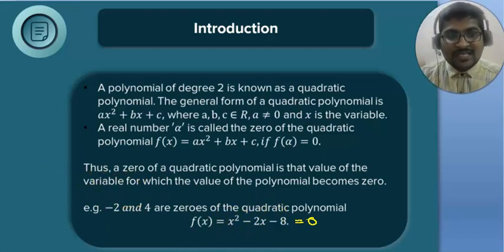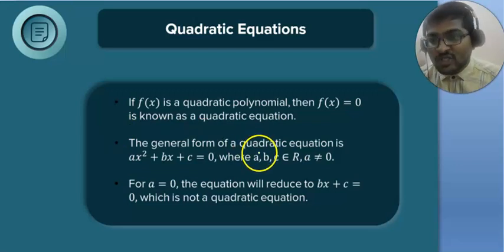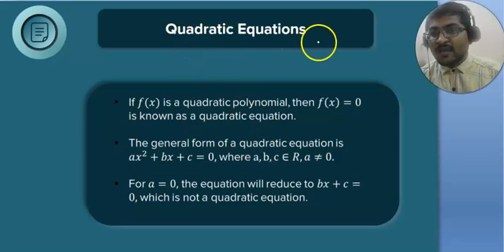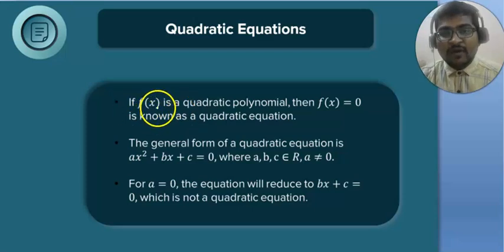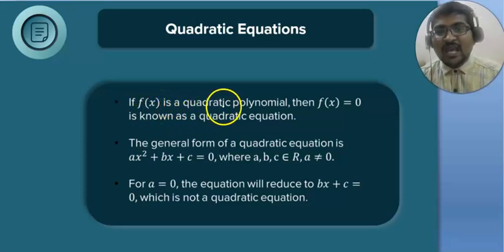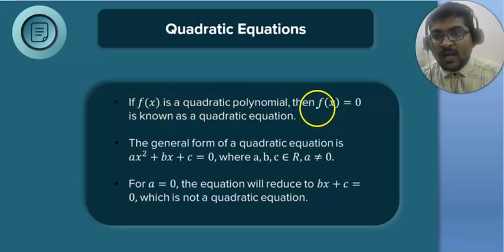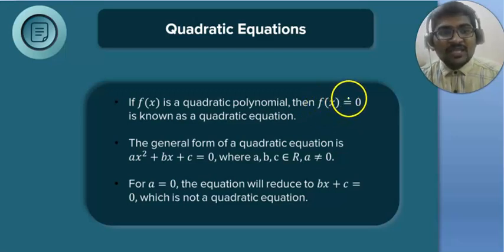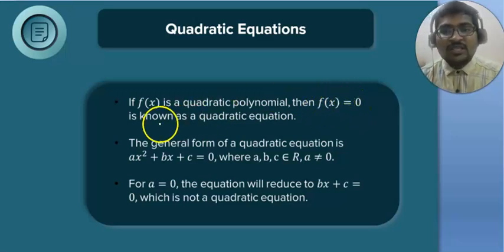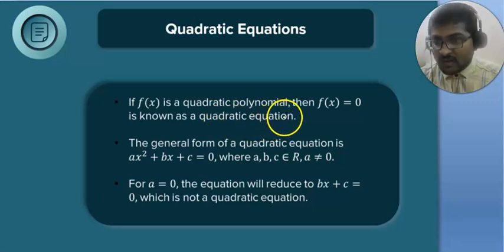Okay, students, let us discuss some more information related to quadratic equations. Look here. If f of x is a quadratic polynomial, then f of x equal to 0 is known as a quadratic equation.